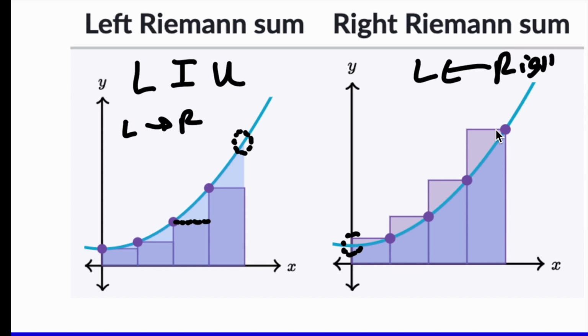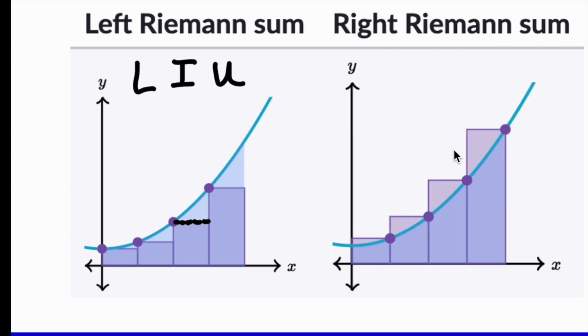And you could see that we're stopping when we're above or below the next f of point. Here we're above the next f of point. And clearly, when you have a right Riemann sum, this is an overestimate. Because look, we have some element of the rectangle that is above or over the function itself. So, if you just remember, folks, LIU, everything else can be figured out.